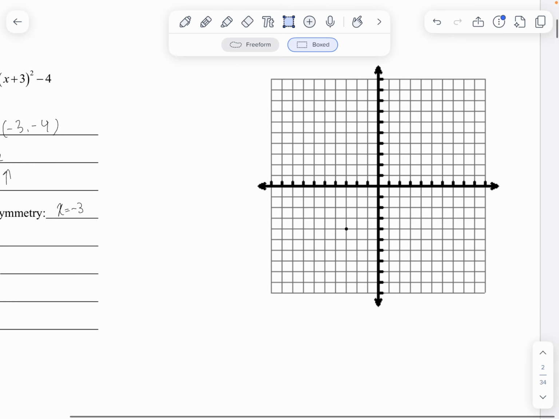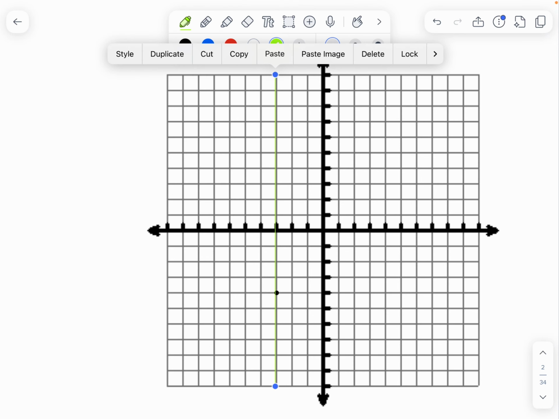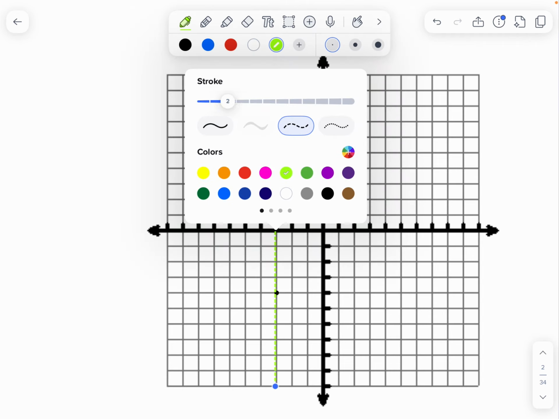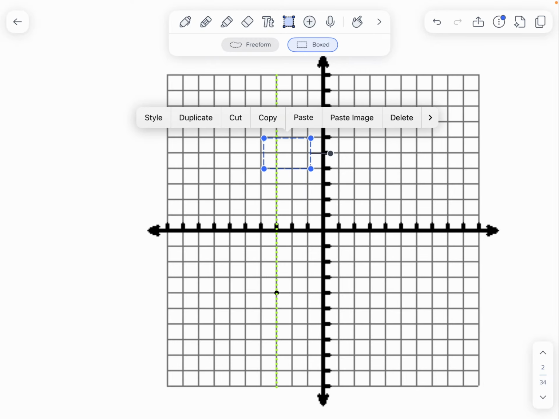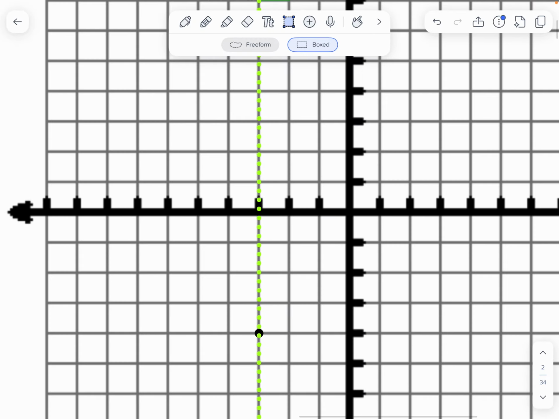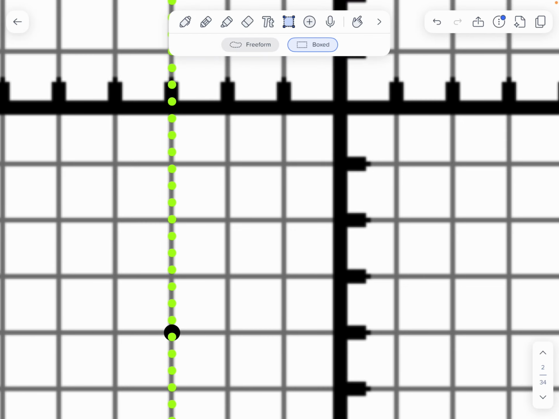Okay, and the axis of symmetry. Now it's time to graph. Hang on, 1/2.